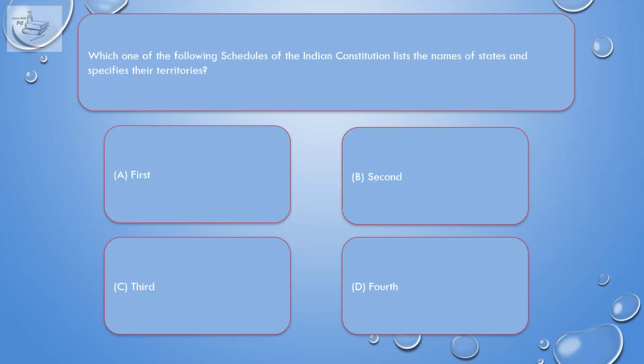Question: which one of the following schedules of the Indian Constitution lists the names of states and specifies their territories? A. First, B. Second, C. Third, D. Fourth. Correct answer is A. First.